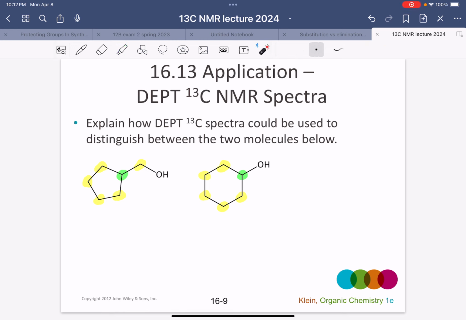So now looking at this, we can say I've got 1, 2, 3, 4, 5 CH2s, and I have 5 CH2s here. But one of the keys is that their chemical shifts will be different. This carbon will have a chemical shift around 60 or 70 ppm because it's attached to the oxygen.